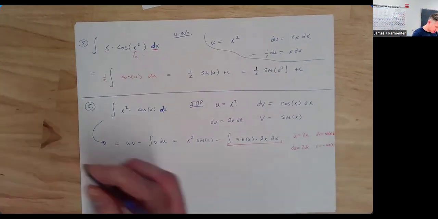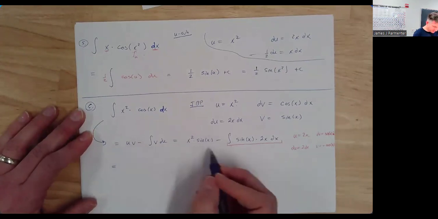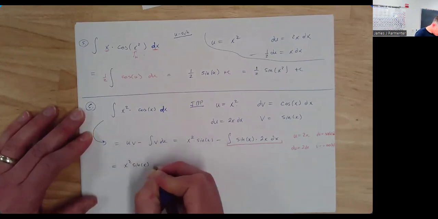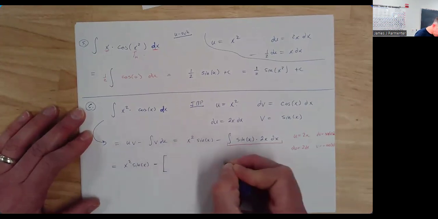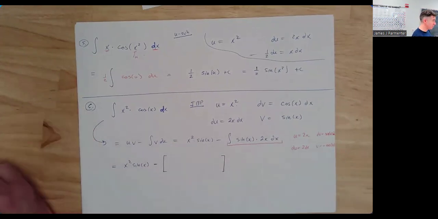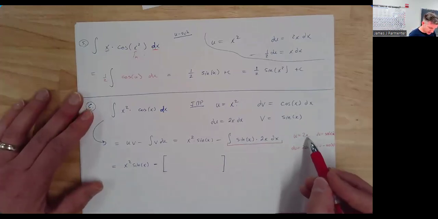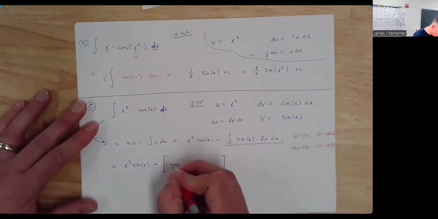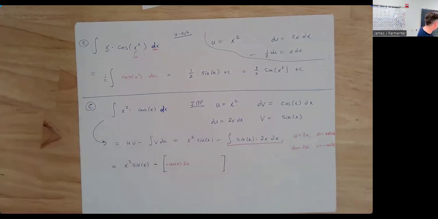So then this whole thing is going to equal the x squared sine of x is still hanging around, minus the entirety of my new uv minus the integral of v du. So my new uv is going to be 2x times negative cosine x. I might write that as negative cosine of x times 2x, just so I don't have to have a weird parentheses around my negative sign.